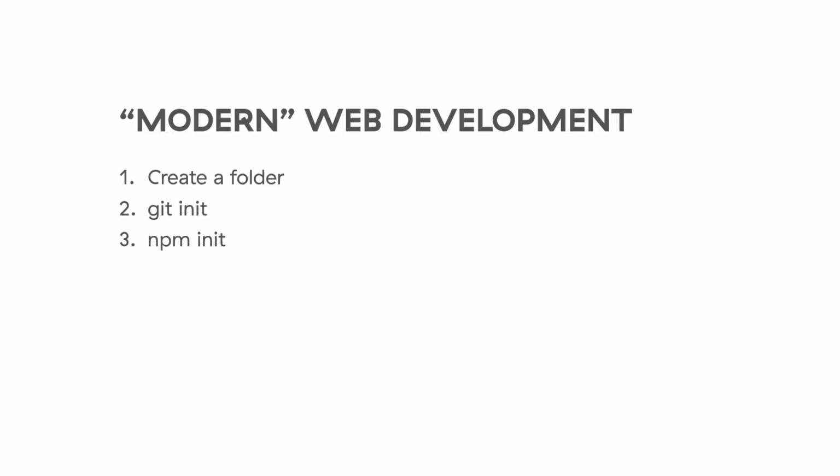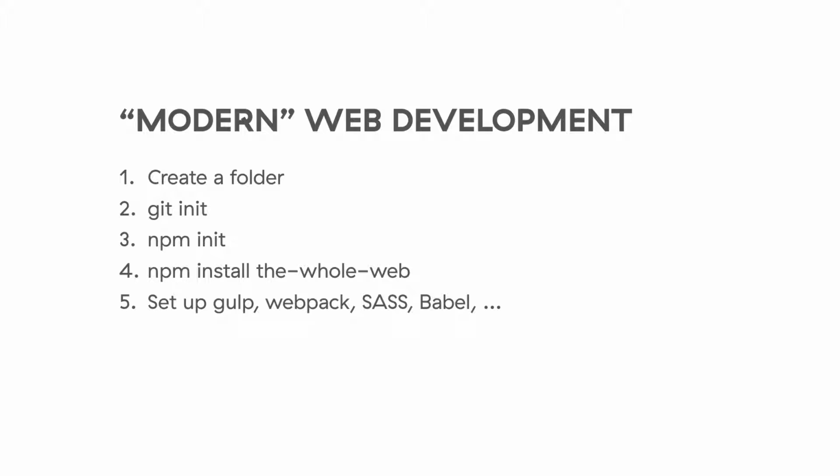Then you'll do npm init, because you'll probably want to use some node modules. Then you'll install the whole web, set up Gulp, Webpack, SASS, Babel, and everything. Then, I don't know, and profit. So you'll start developing about 3 hours later.